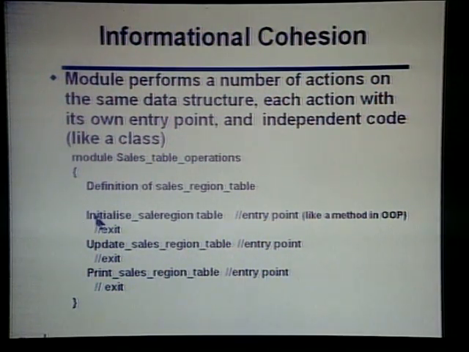So a calling program will call that method, and that method will be executed. Once that method completes, of course, it exits and we go back to the calling module. As you can see, a module with informational cohesion is essentially an implementation of an abstract data type.